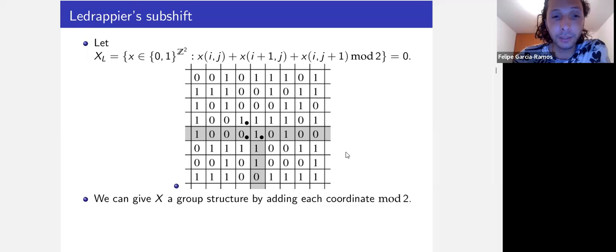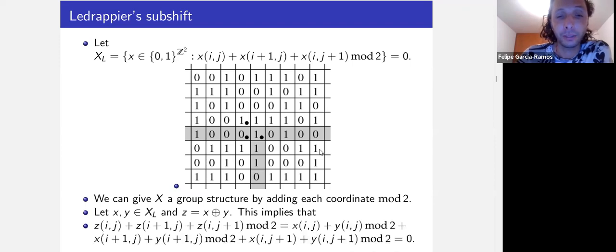Okay, so this is X_L. This is also a compact group. We simply add each coordinate mod 2.